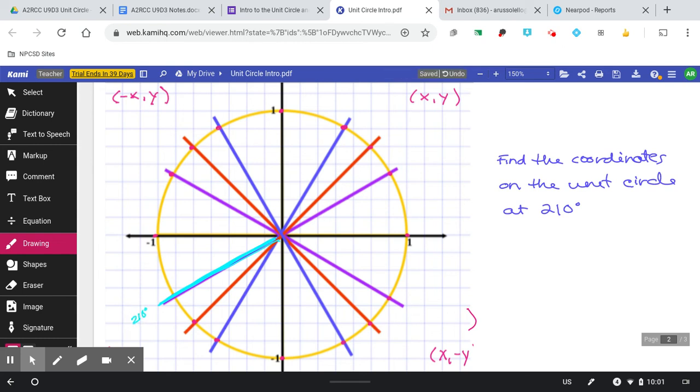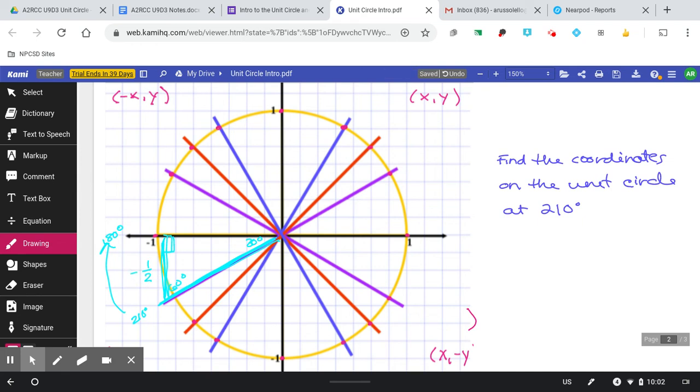Okay, so we want to draw in our reference triangle. Now, if this is 210 and this is 180, the distance that it has to get back to 180 is going to be 30 degrees. So that's 30 degrees. This is 60 degrees. And now I'm going to say that this is 1/2, but in this quadrant it's negative.